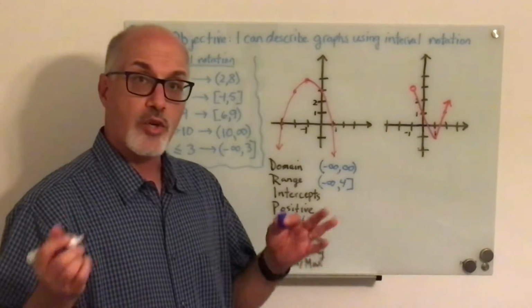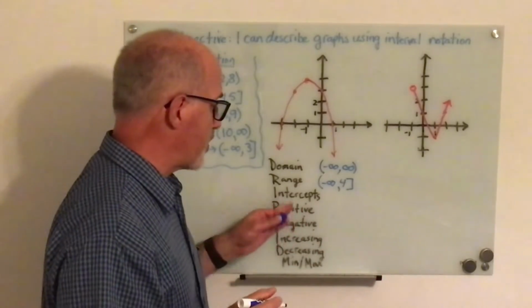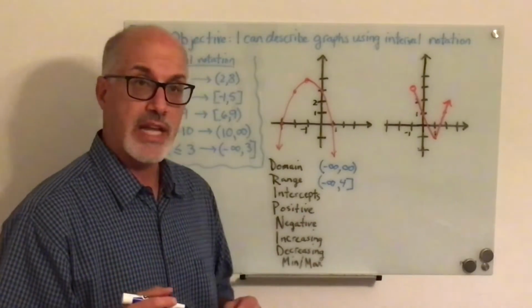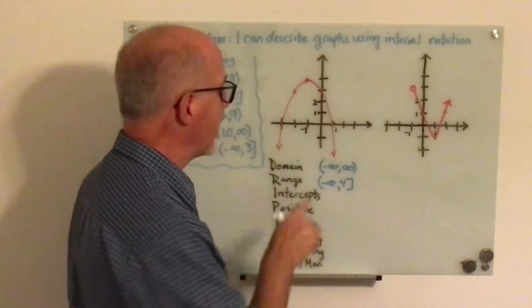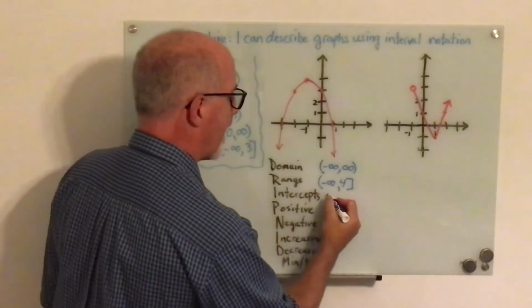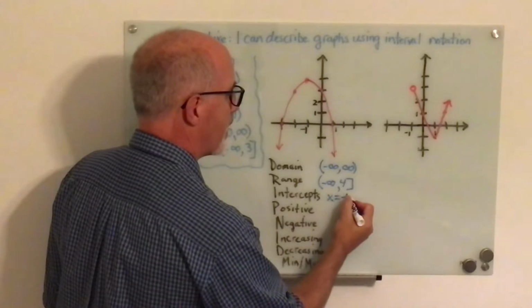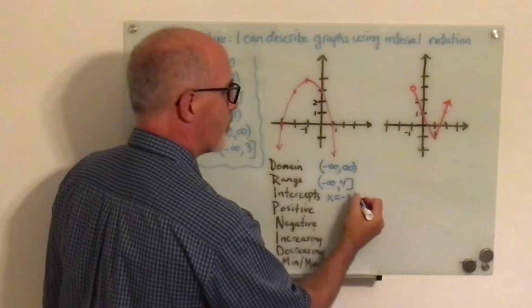Intercepts are where it actually crosses the axis. It helps us when determining when the graph is positive or negative. If you look at the intercepts here where it crosses the x-axis, this crosses the x-axis at x equals -3, and also at x equals 1.